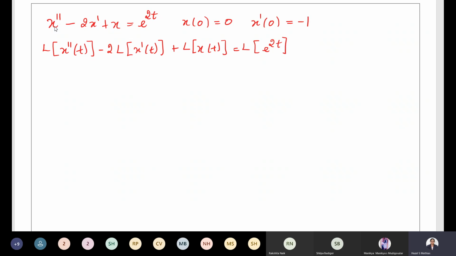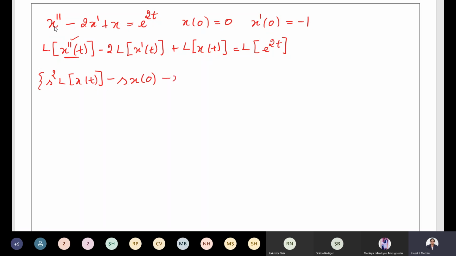Is it clear, everybody? We just have applied Laplace transform on each of the terms. Then the same thing you have to apply, the same expression for x double dash of t. When you have x double dash, you have to put the term s square into Laplace transform of x of t. Here only the variable is different, nothing else. So s square, then you have to find s into what term you will get over here? X of 0. Before it was y, now it is x.